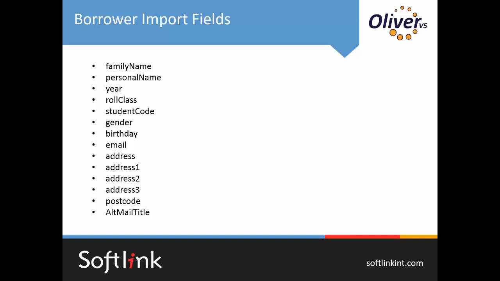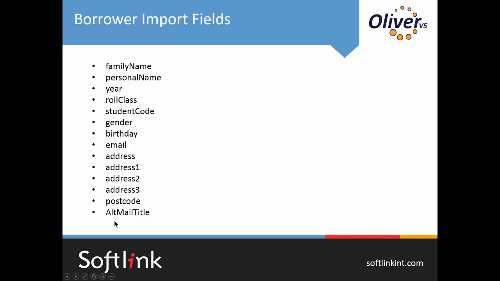So we're going to look now at the fields that you might want to import. Now, not all of these fields are absolutely necessary. Particularly draw your attention to the more personal data like birthday, email, address information.